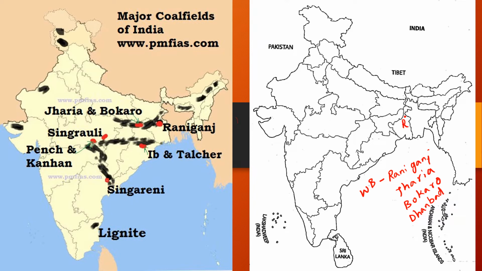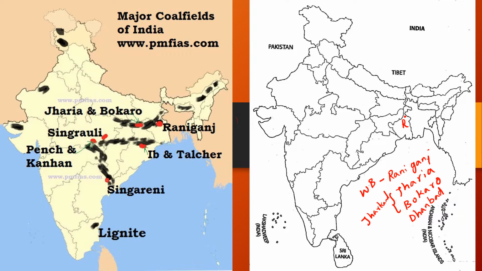The other two fields, Jharia and Bokaro, are present in the Jharkhand region. So this is also somewhat nearby Raniganj.